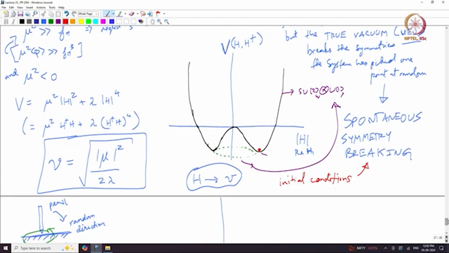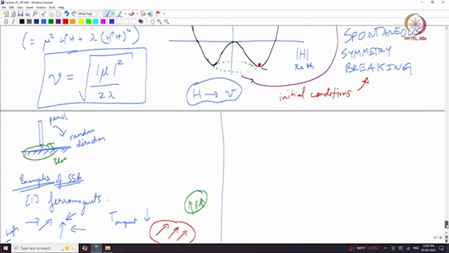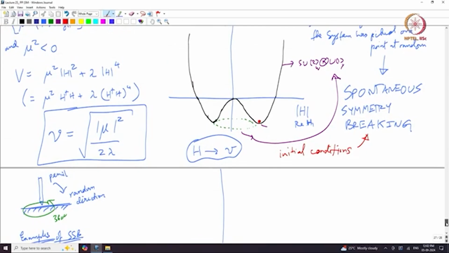remember the cosmological constant problem when we introduced quantum field theory for spin 0 fields. I said that when you write down a Lagrangian, you cannot help writing down a constant.